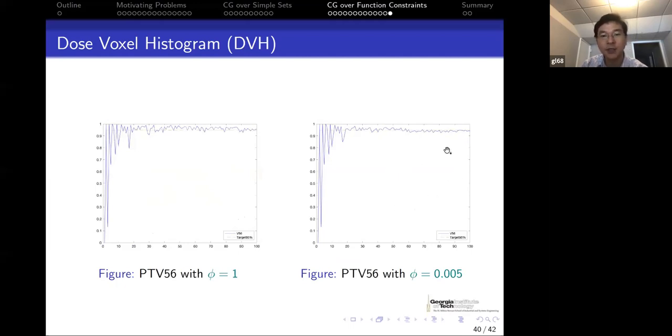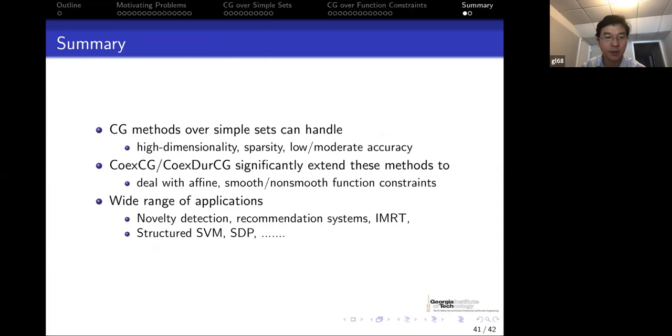As you can see, the clinical criterion does not change too much; it will be satisfied. Of course this is just for one criterion, and in our paper we show that all the criteria will be satisfied. So I think this is a brief summary of what I talked about.